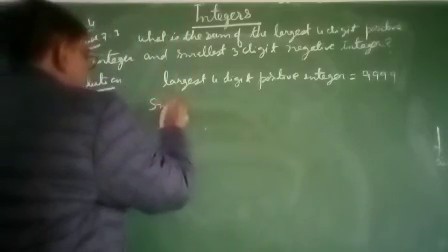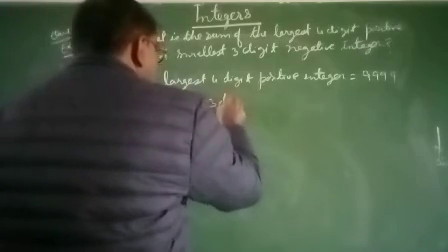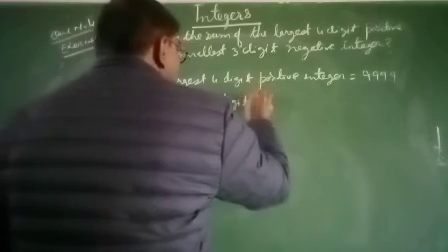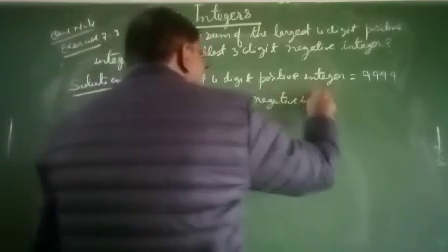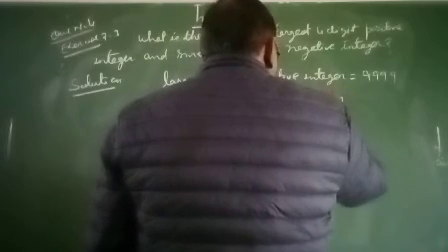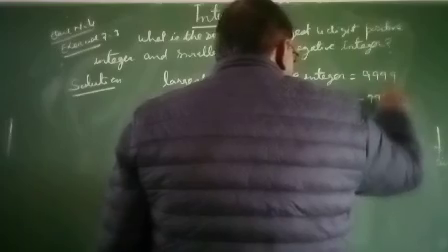The smallest 3-digit negative integer equals minus 999.